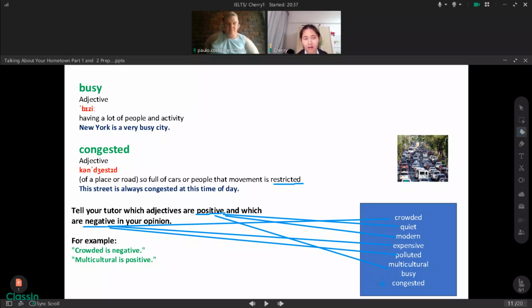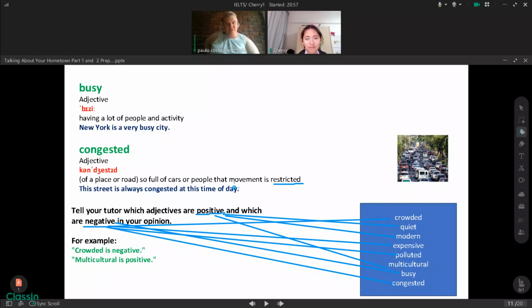Busy is negative. Congested is positive. No, congested is negative. It means there are too many things and it's taking too long to get through. You've got to learn the word.